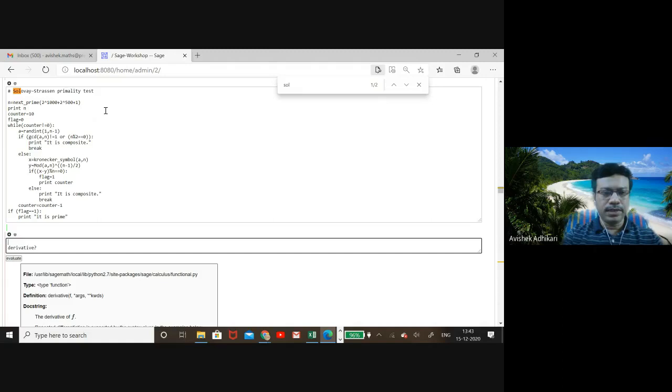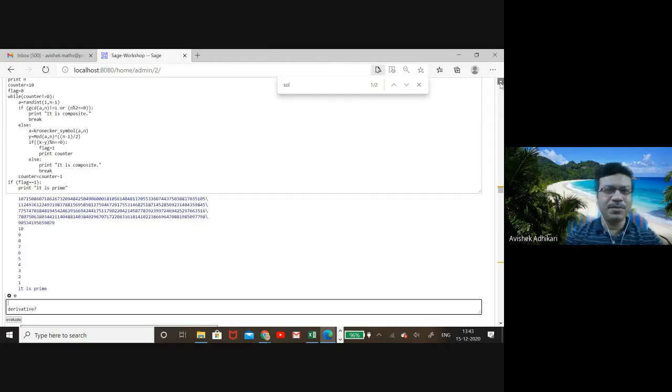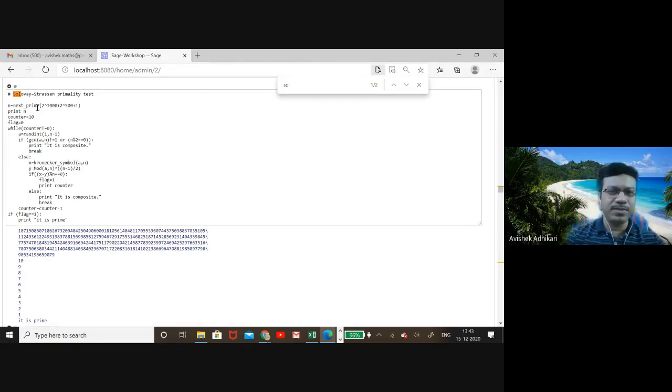It will take some time. You can see that the green marks mean it's working. So the number is this, and oh, that is also a prime. Oh, so it has to be a prime because I have taken the next prime of this.